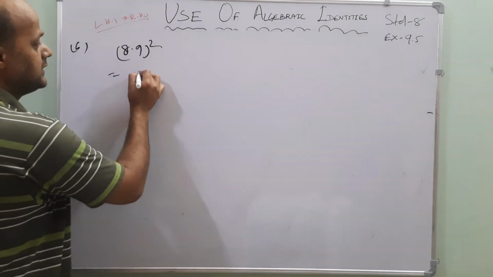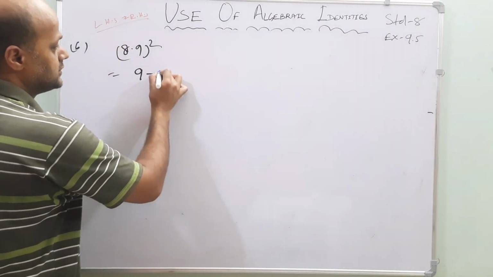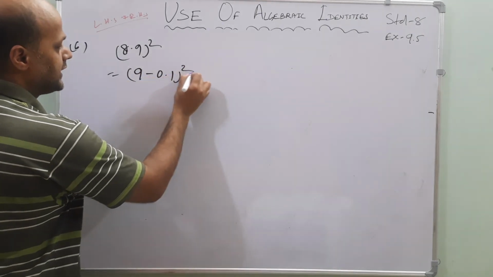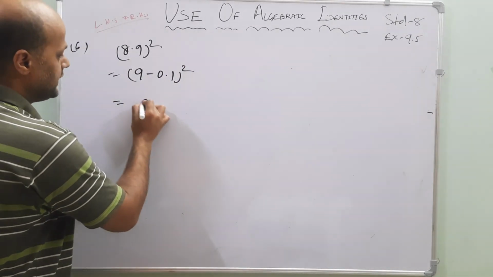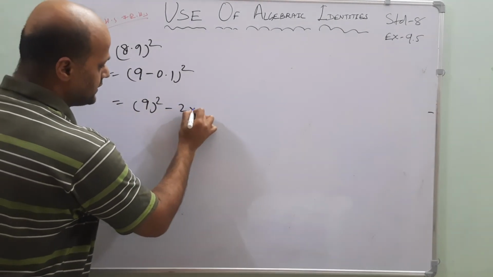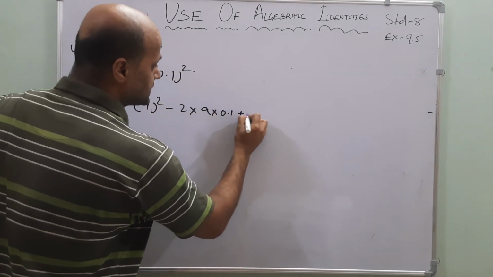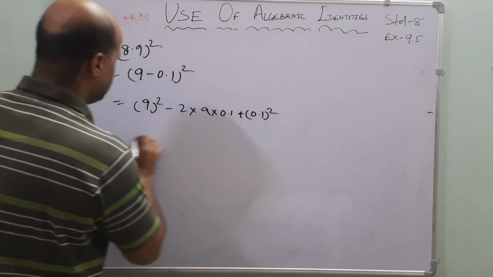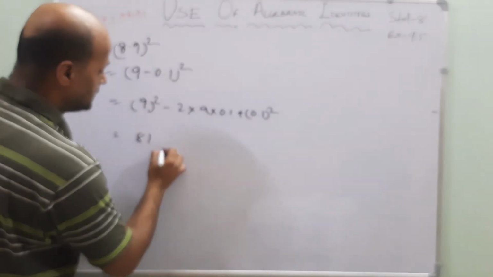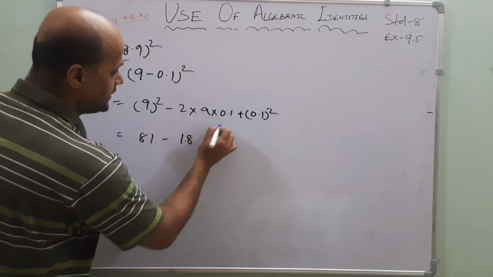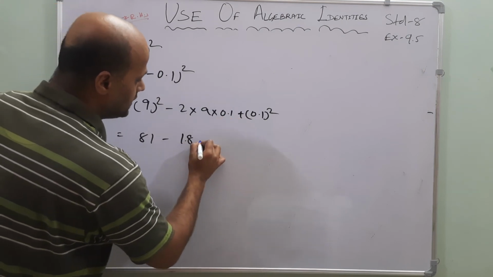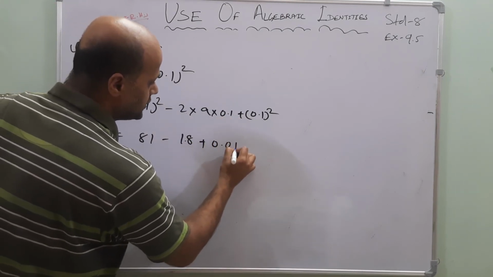It is 9. 9 minus 0.1 whole square. Again it is A minus B whole square. A square minus 2 into A into B plus B whole square. 81 minus 18, which means the decimal is 1.8, plus 0.01.